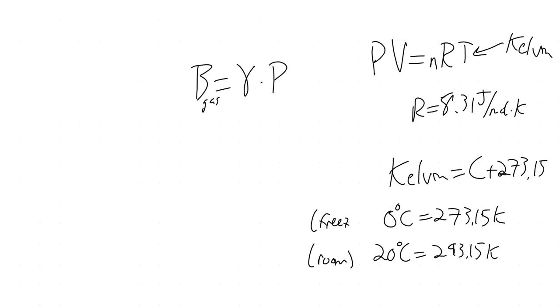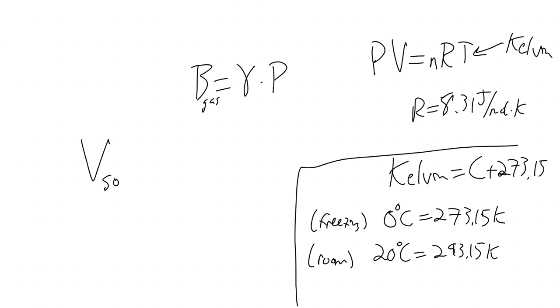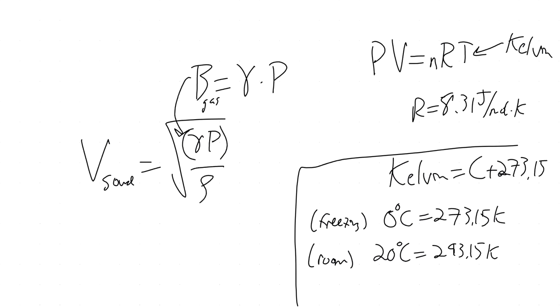So that's pretty easy. What I can do is solve for the speed of sound as the square root of the bulk modulus, plug that in there, the adiabatic constant times pressure over the density of some gas. But the density is mass per volume.